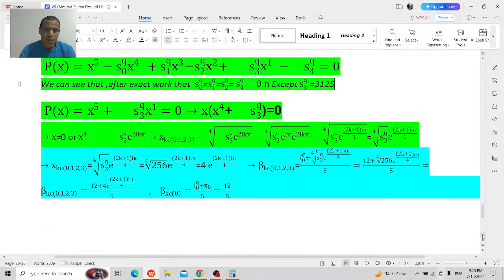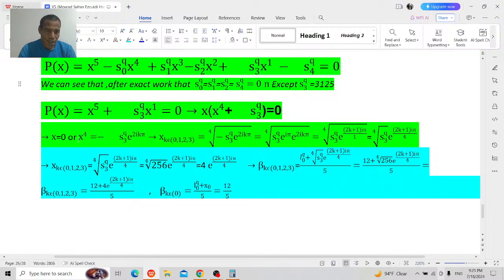Now, just substitution. You can put x as a common factor: x times (x to the 4 plus S3 q) equals 0. Means x equals 0 or x to the 4 plus S3 q equals 0.